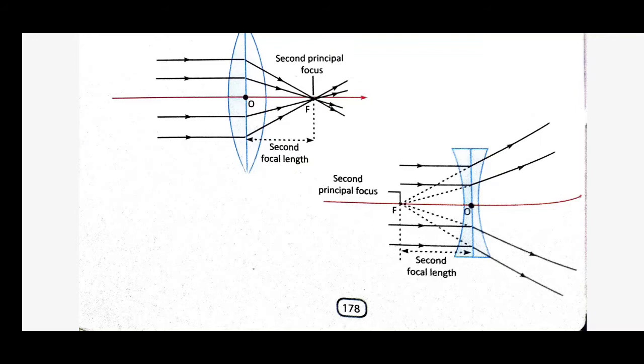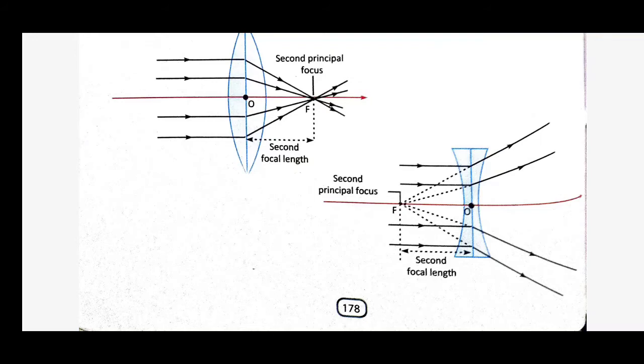Now, what you observe here is that for the convex lens, all these rays pass through a fixed point F after refraction through the lens. I am repeating again. For convex lens, all the incident rays which are parallel to the principal axis pass through the focus after refraction through the lens.